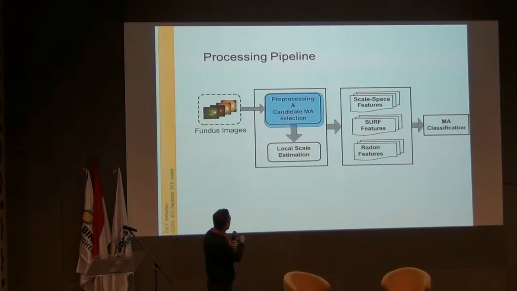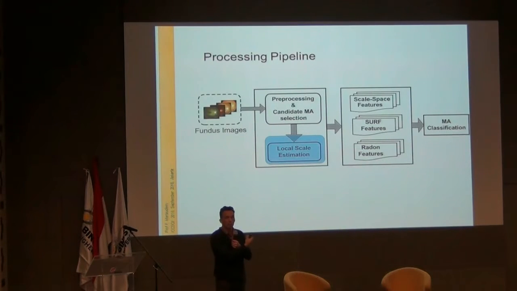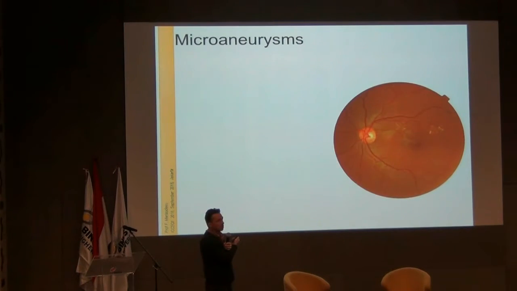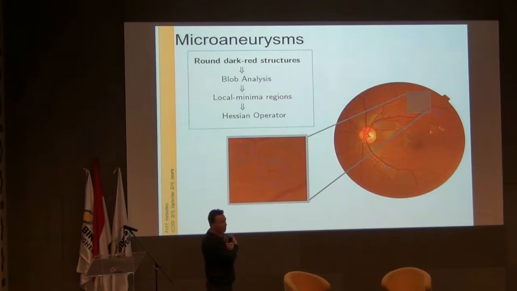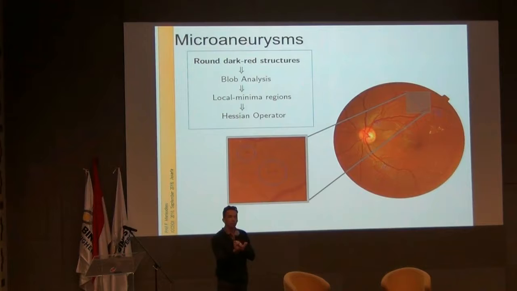Then we further refine. Refine in the sense that we augmented the pre-processing. We did the local space estimation, and then we were still extracting features, but instead of extracting only random features, we're extracting SURF features and scale space features, and then we do the classification. So still the same principle. Your microneedles are here. Because we know they are round, I don't know if you're familiar with the Hessian matrix.